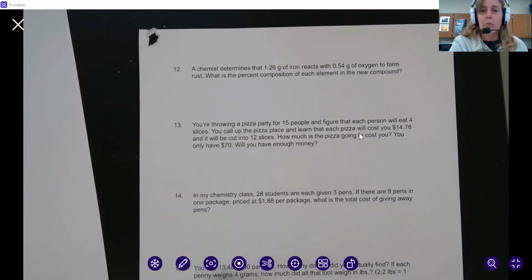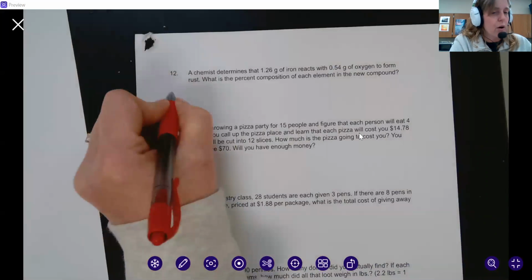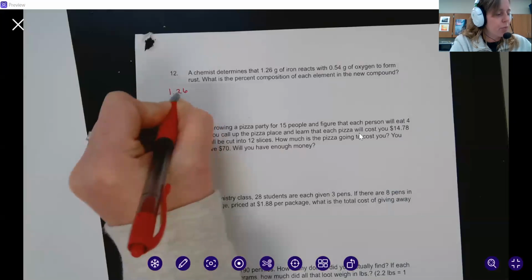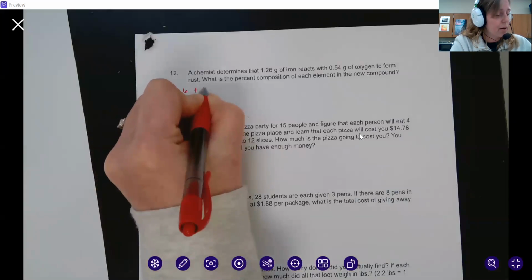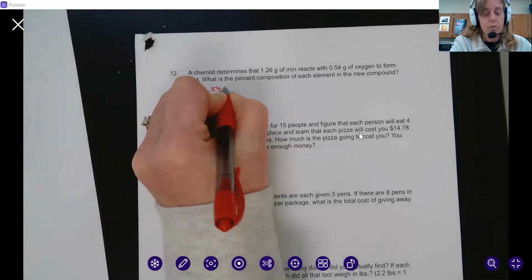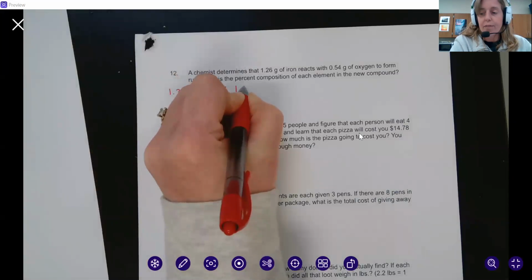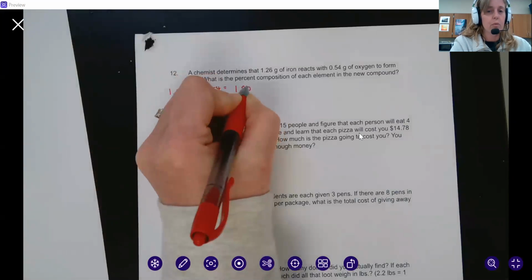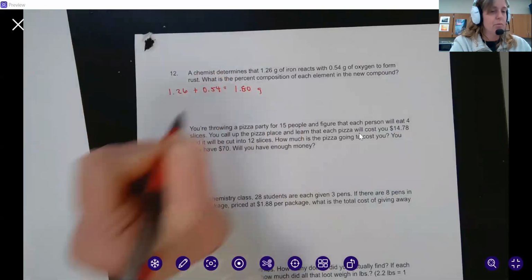So a chemist determines that 1.6 grams of iron reacts with 0.5 grams of oxygen to form rust. What is the percent of each element in the new compound? Well, first of all, you're going to need to have what? The total mass, right? So the total mass is going to be 1.80 grams, when you add them together.